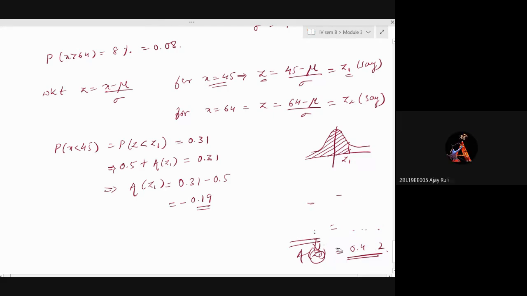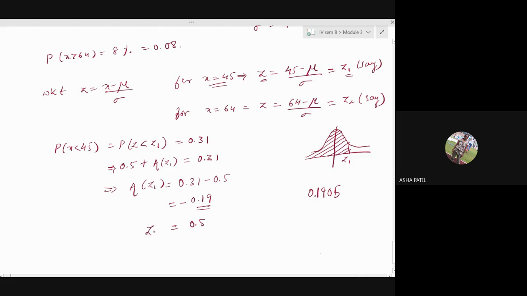0.5. See, take the one where you are getting the smallest value, because you have 4 decimal places there. What all values you have? Maybe you have 0.01, you have 0.05, like that. Take the least value, the smallest value, which is 0.5. That becomes our Z1.